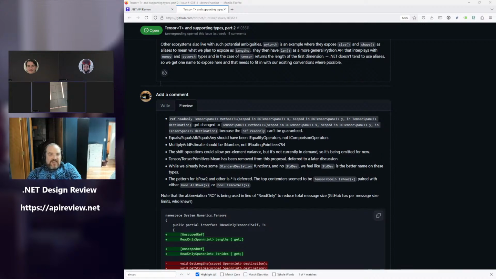Are we then good for today? Yep. So I have the summary of changes we did: we got rid of the ref readonly because it wouldn't work, at least we don't think it would work, but we got rid of it. We fixed some bad interface declarations. We talked about the shift operations being per element and decided it's fine to leave them out for now. Mean was removed because we need to discuss mean versus statistical mean versus arithmetic mean versus average.